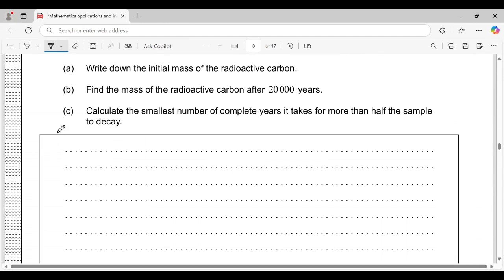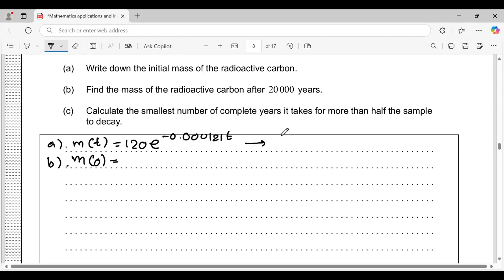The function is M(t) equals 120 e to the power minus 0.0000121 t. The initial mass corresponds to the mass when t equals 0. Sorry, I would like to write here that this is B actually.